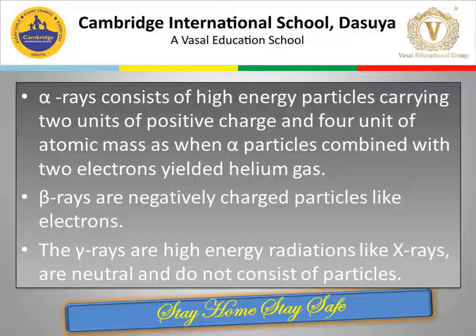The beta rays were attracted toward the positive plate. These are negatively charged particles similar to electrons, whereas gamma rays, which remained undeflected in the electric field, are high energy radiations like X-rays and are neutral and do not consist of any particles.